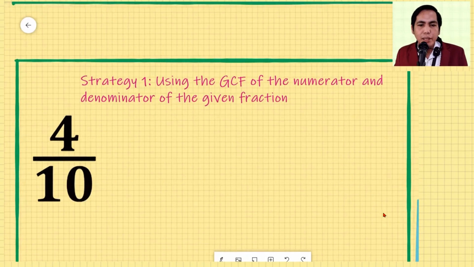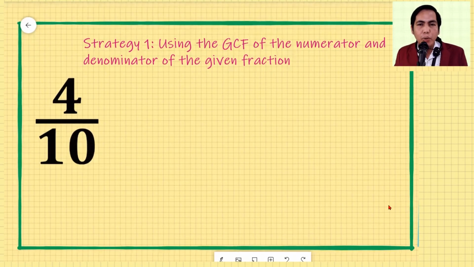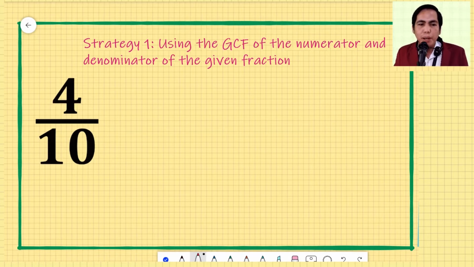So let us try to identify the lowest term or the lowest form of 4/10. First, let us identify the factors of 4 and the factors of 10. When we say factors, these are pairs of numbers which, when we multiply, will give us, let's say, 4 if our number is 4. So let's identify the factors of 4.